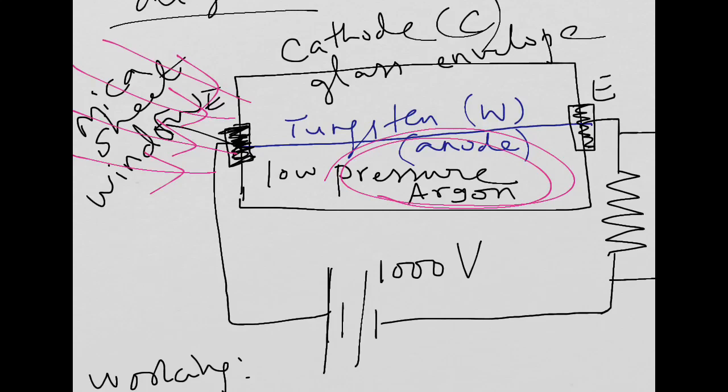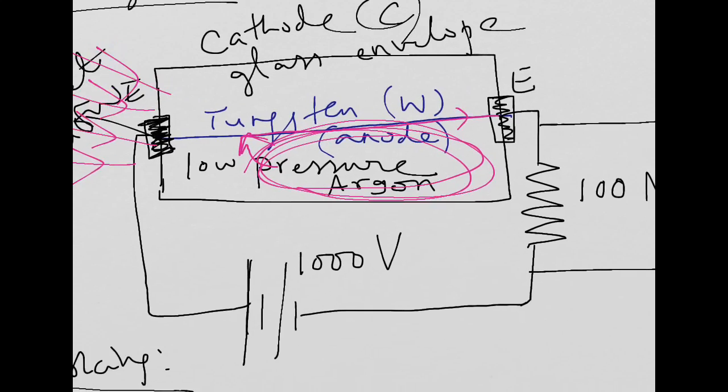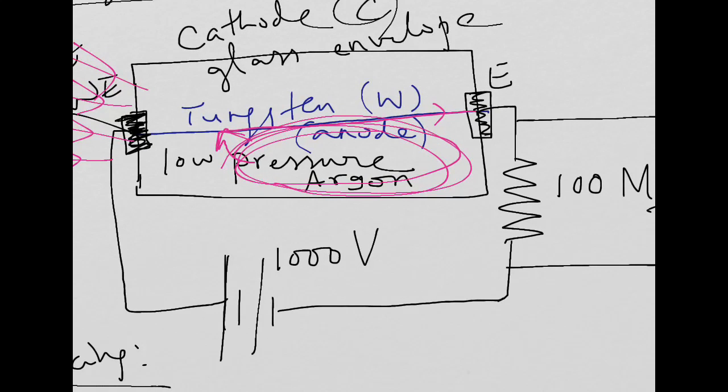Ionization means electrons and positive ions splitting up. Once the gas is ionized, some of the electrons, the charge, are going to pass through the anode, which will flow as a current pulse.